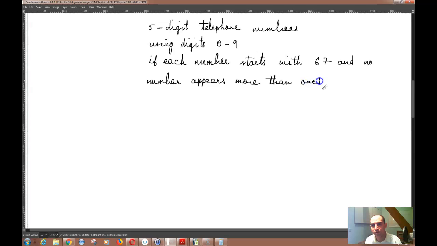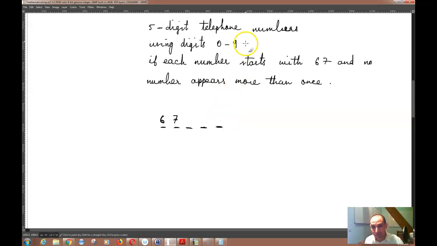So no number appears more than once means that, since you have these 5-digit telephone numbers, first of all, your number starts with 67. So that means that the 67 is fixed here. This doesn't change. And so all you have to do is fill these 3 placeholders.